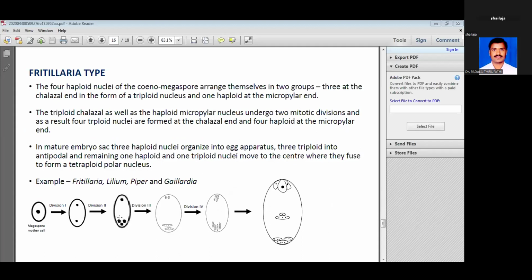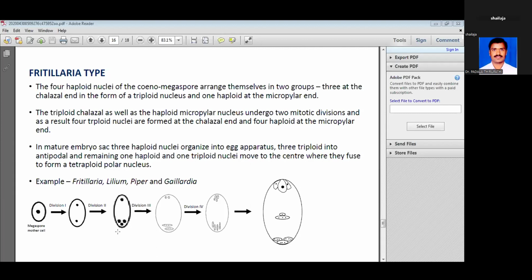The 3 nuclei at the chalazal end fuse to form a triploid nucleus. See here, this is the triploid, this is the chalazal end. The micropylar nucleus undergoes 2 mitotic divisions. This is the first mitotic division, this is the second mitotic division.